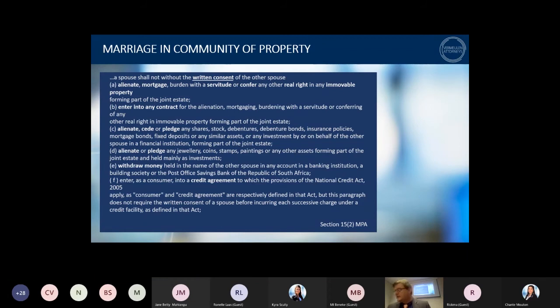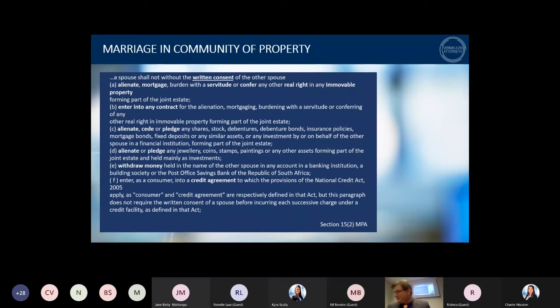And D, very important for the guys mediating, these are emotional things. You will have to potentially be very careful in dealing with these. You cannot alienate or pledge any jewelry, coins, stamps, paintings, or any other assets forming part of the joint estate and held mainly as investments. You cannot withdraw money held in the name of the other spouse in any account in a banking institution, a building society, or a post office savings bank in the Republic of South Africa.